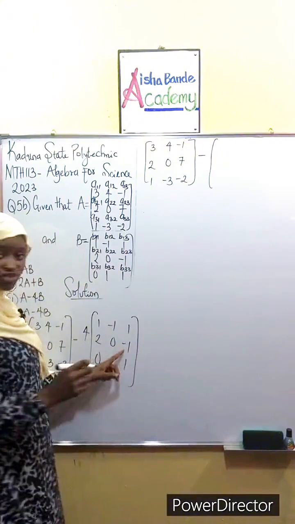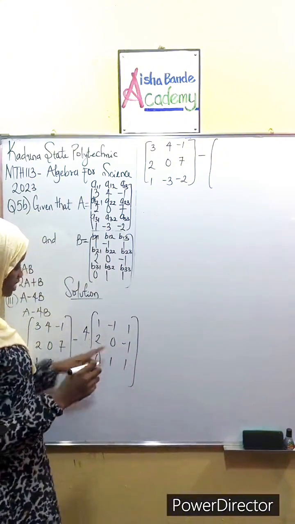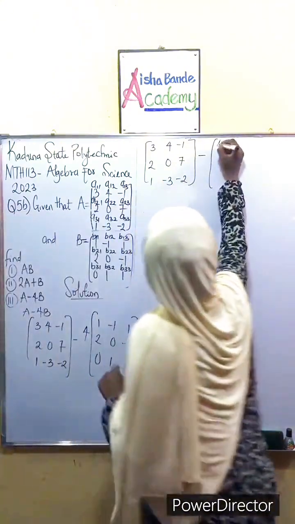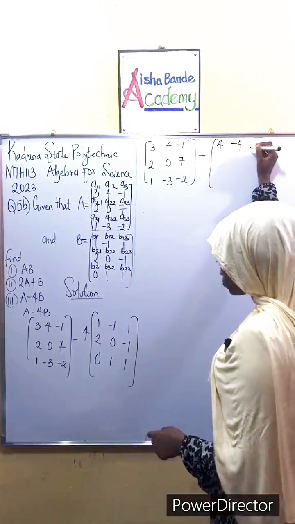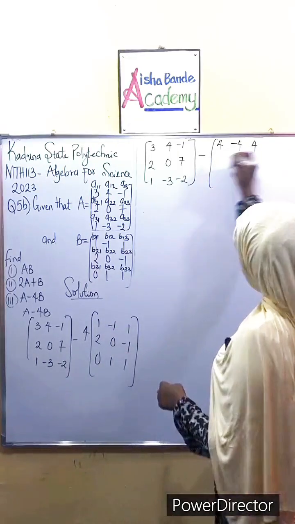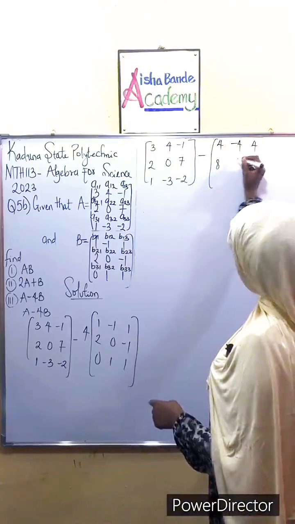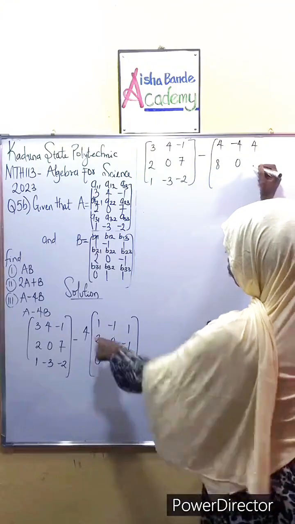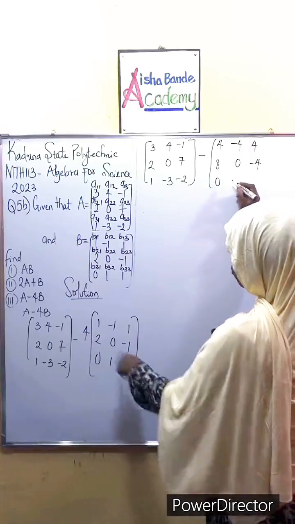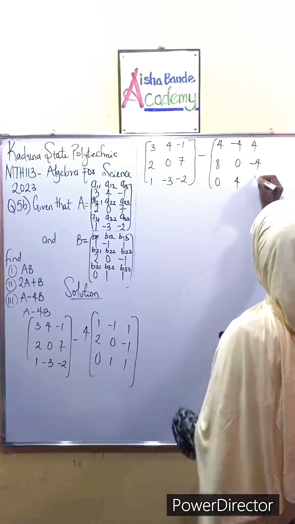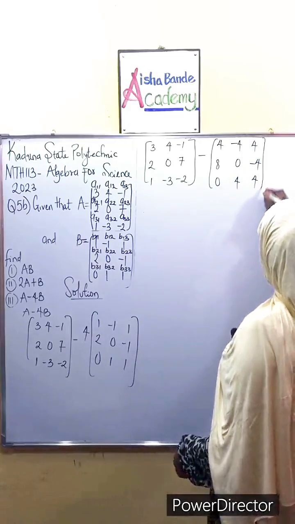Now this 4 affects all the elements here. 4 times 1 here, we're going to have 4. 4 times minus 1, minus 4. 4 times 1, 4. Then 4 times 2, 8. 4 times 0, 0. 4 times minus 1, minus 4. 4 times 0, 0. 4 times 1, 4. 4 times 1, 4. So this is the new matrix we have.